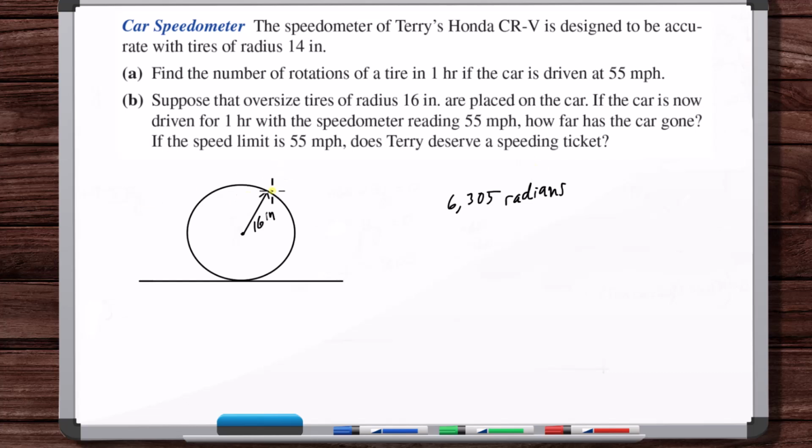So how far does it travel in an hour at that many radians? Well, S is equal to theta r. What's the total arc length? This is like a bunch of rotations, so it's the amount of circumference laid down. That's 6,305 times 16.